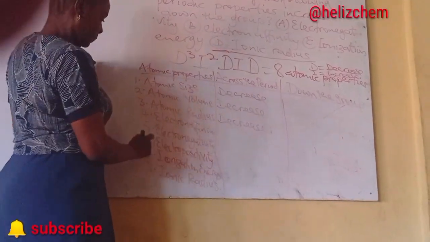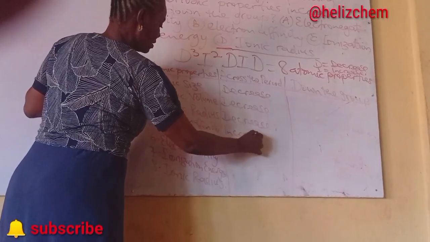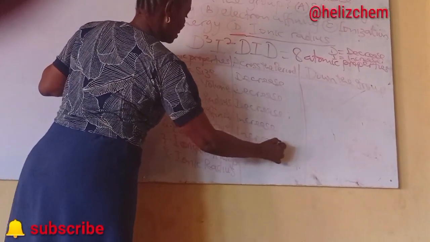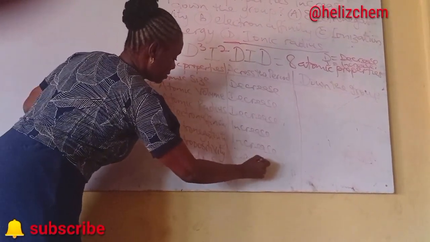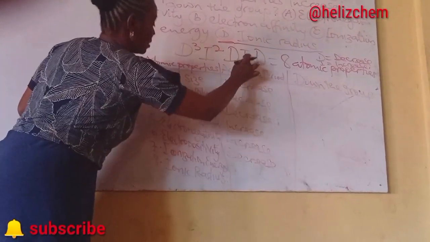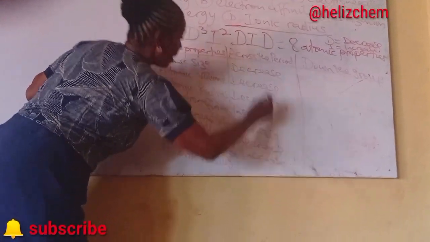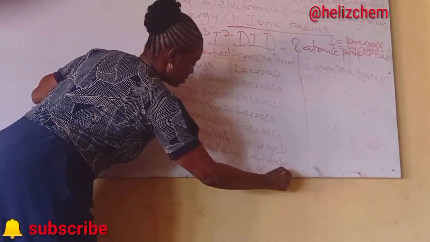Then we are having I2, meaning increase, increase, and this one, decrease, increase, and the last one, which is decrease.